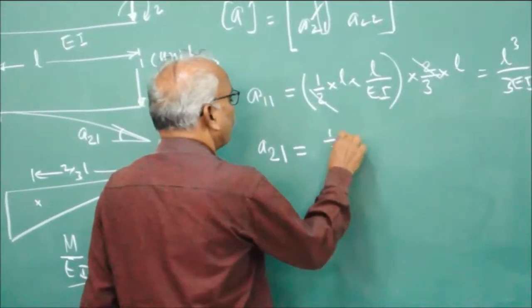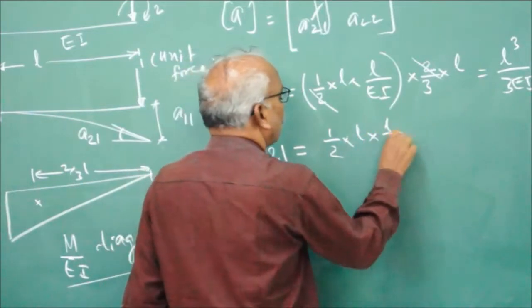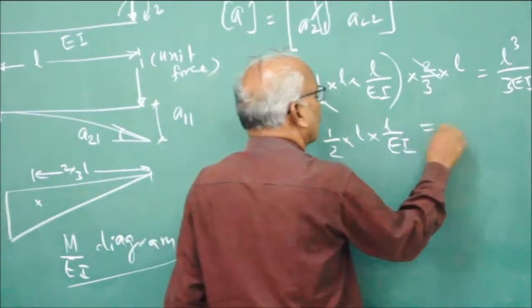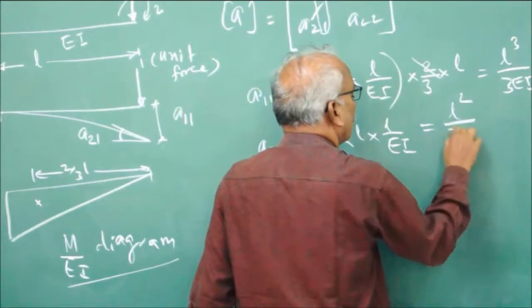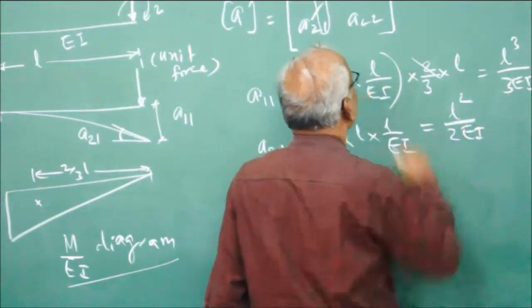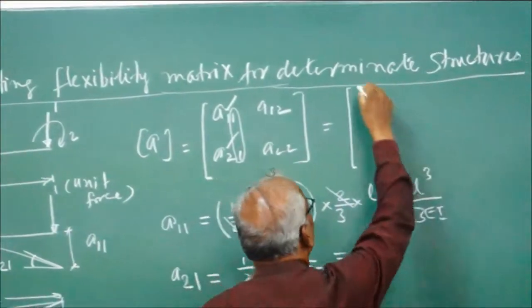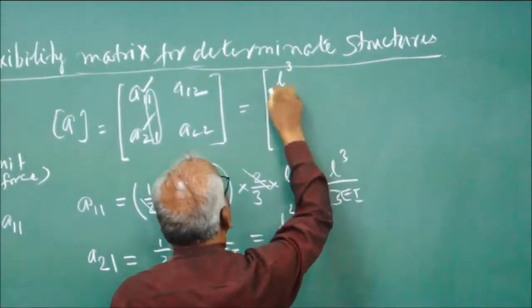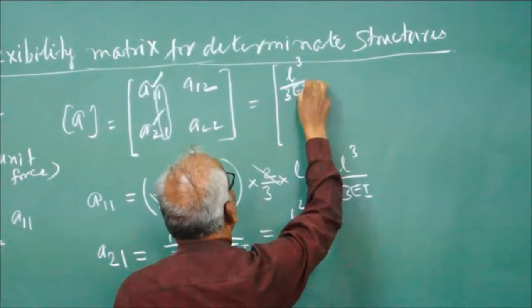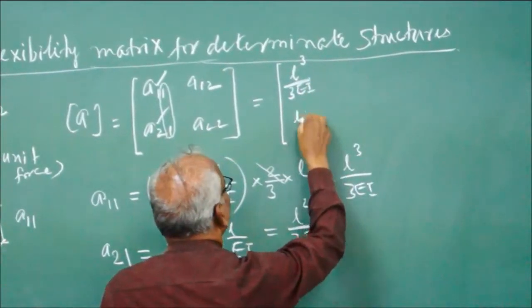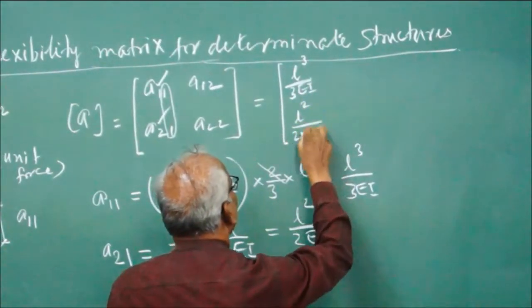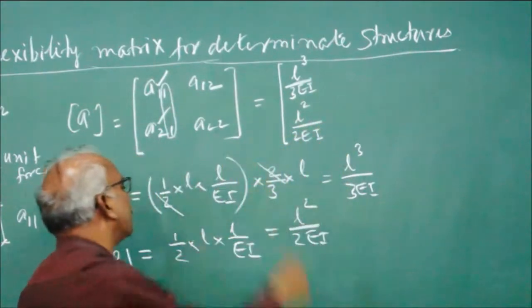That is equal to half into L into L by EI. That is equal to L squared by 2EI. So, here first column is equal to L cubed by 3EI, L squared by 2EI. That is the first column.